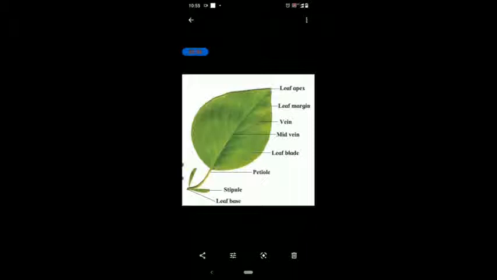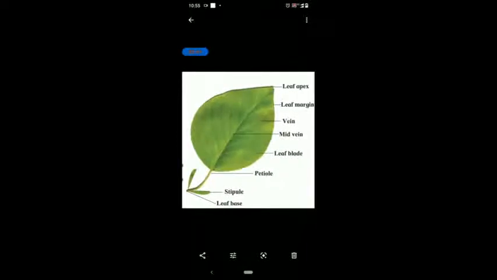Now our next topic, the third part, we will take as leaf. From 6th standard or maybe 5th standard you are learning about the leaf. What do leaves look like? Mostly leaves are green in color. They are green because of chlorophyll.